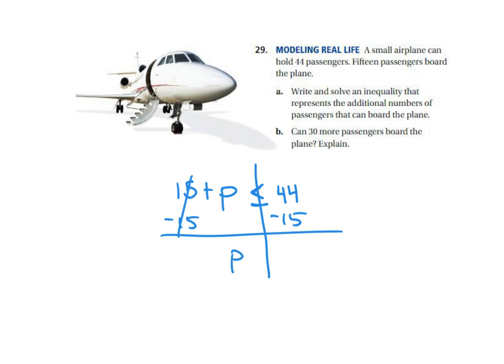And we get P is less than or equal to 29. Can 30 more passengers board the plane? We would say no, because 30 is greater than 29. Or we could also say 30 plus 15 is 45, and we know that only 44 people can board.